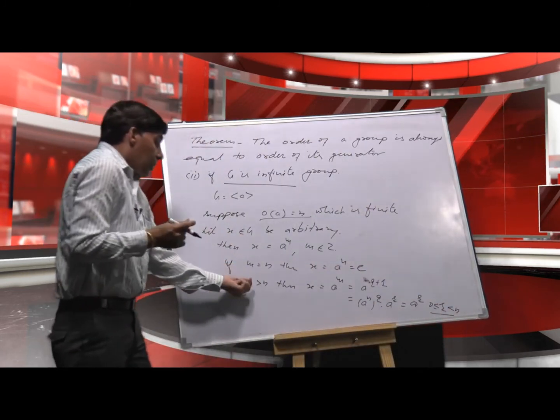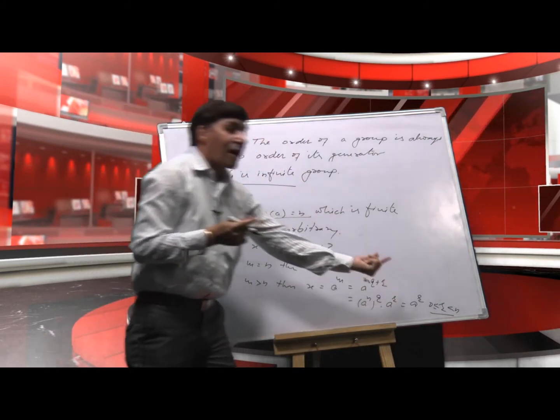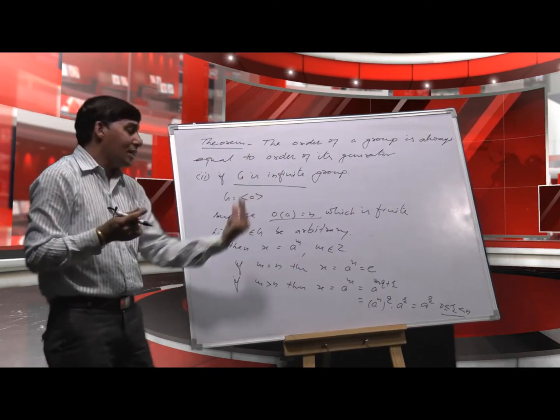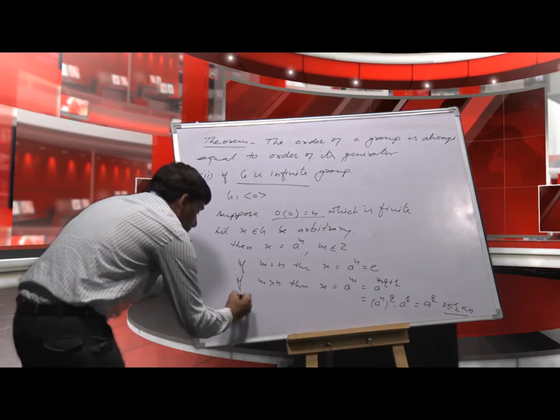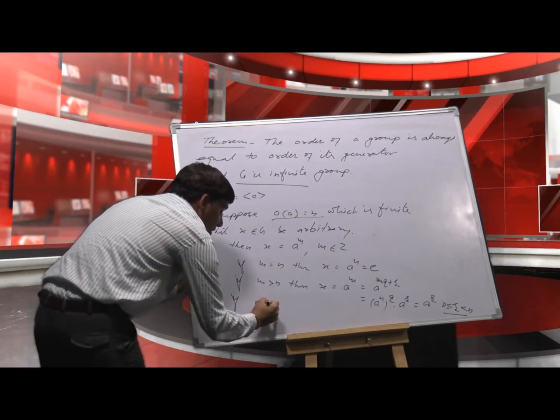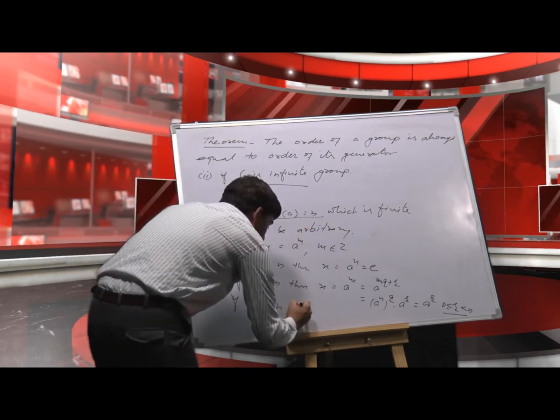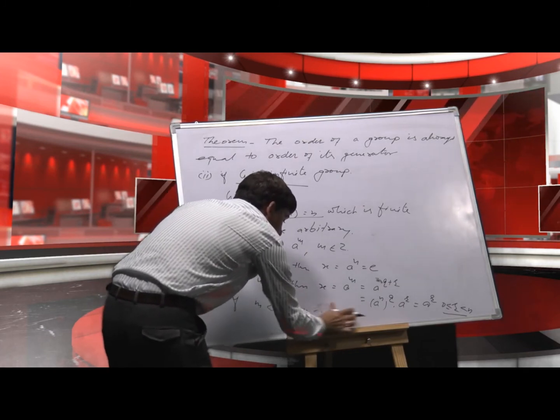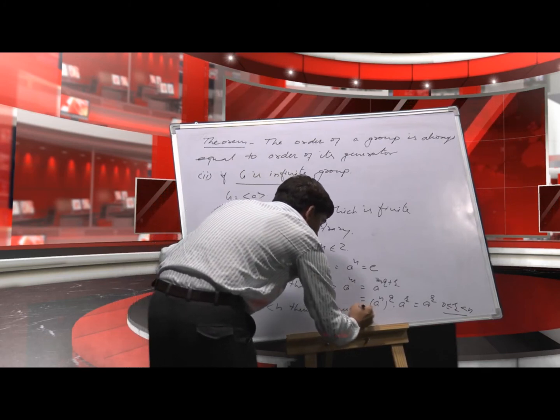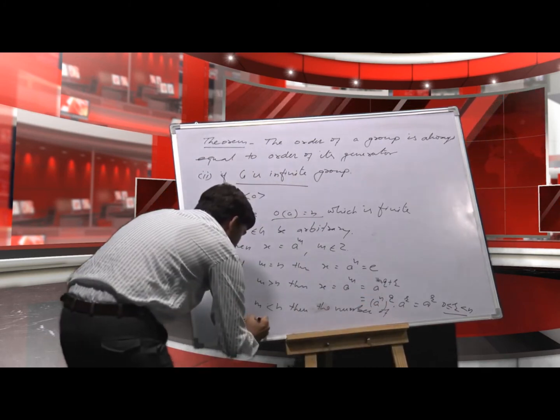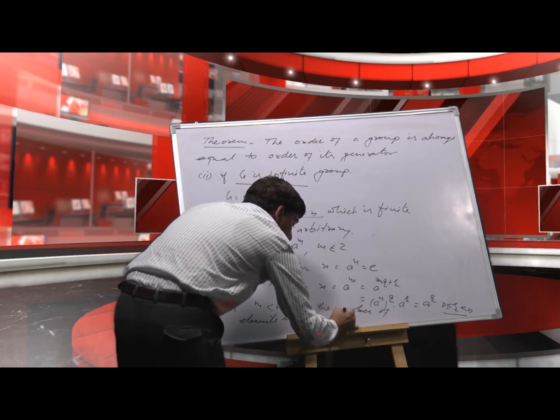That means if m is greater than n, then every element x can be written in the form of a raised to power r, where r is less than n. That means the number of elements in G is finite, less than n. If m is less than n, then automatically the number of elements in G is finite.